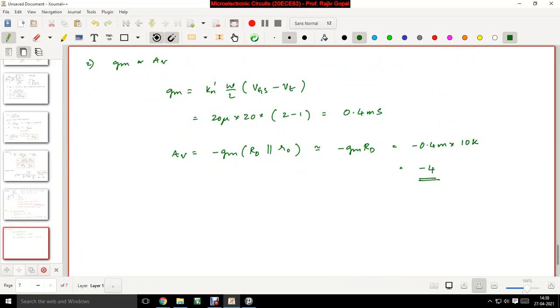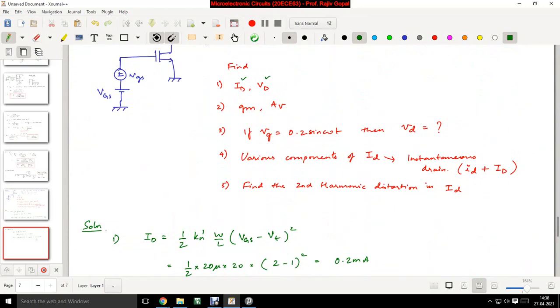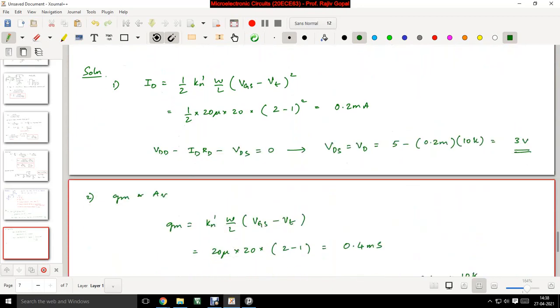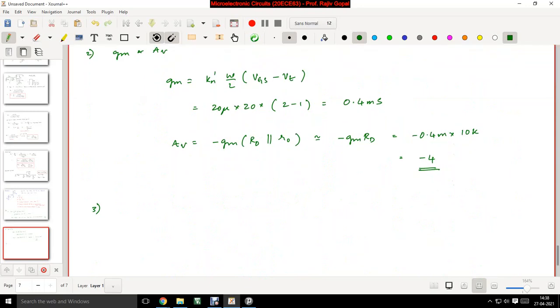Simple. Now, the third part of the problem says find vd, small v and small d, if vg is 0.2 sin omega t. Now remember, VDS is the same as VD.